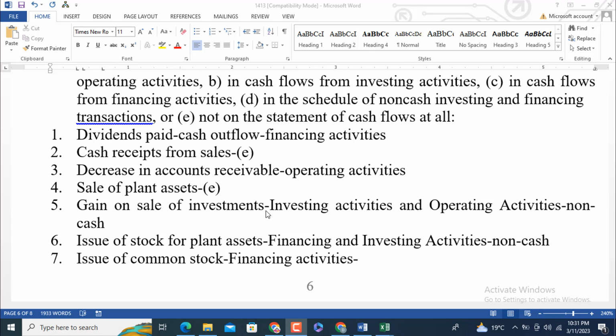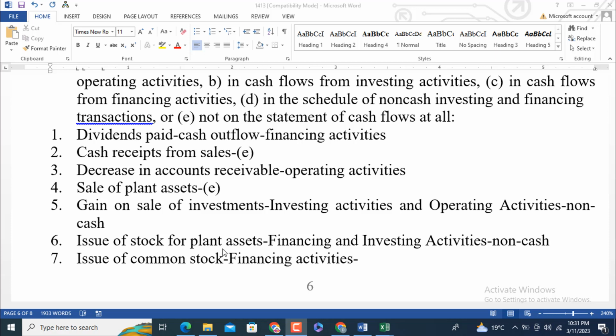So it is part of the investing activities as well as operating activities, as a gain and also a non-cash item, and it will appear under the heading of non-cash expenses adjustment. Gain in income is added, so here we will subtract the gain from the net income.